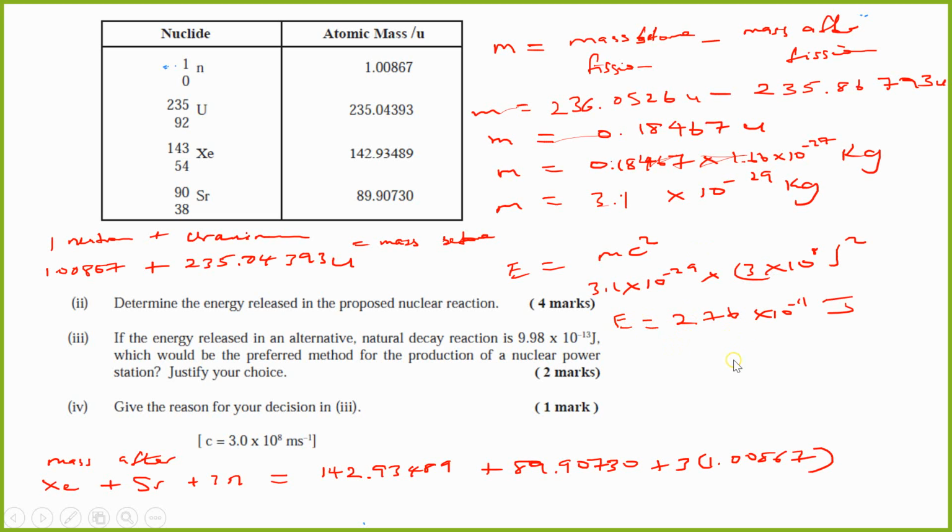The energy we calculated from the artificial process is 2.769 × 10^-11. The natural decay process is going to give us less energy, so I believe the artificial method would be more suitable because you're getting more energy from it, right?